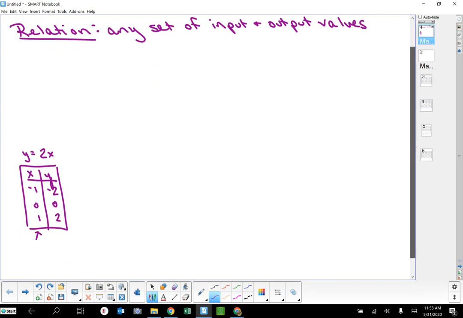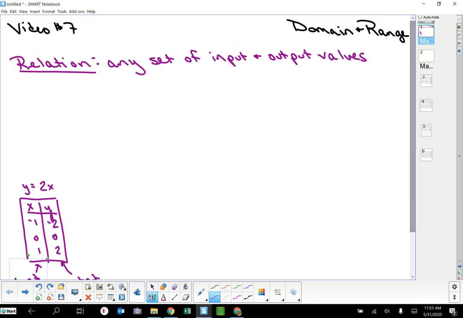Let me scroll down just a touch. These would be your output values. And the set of input and set of output gives you a relation. So a relation is also any set of ordered pairs.